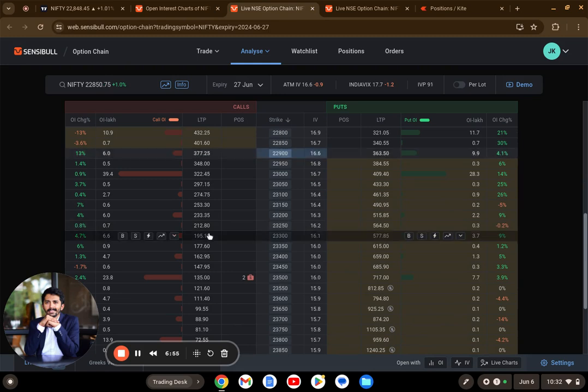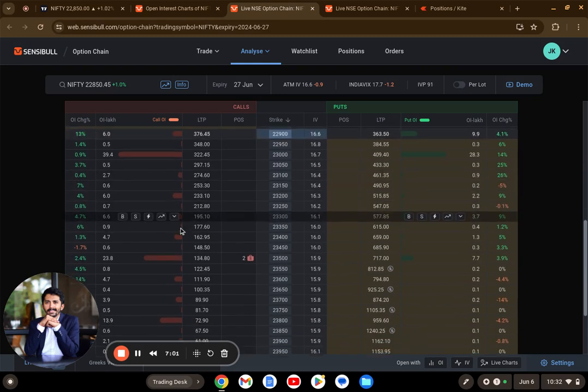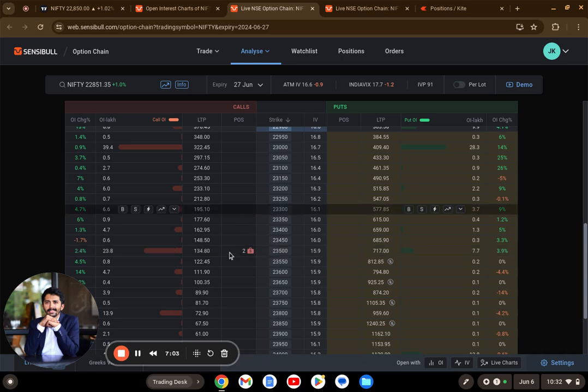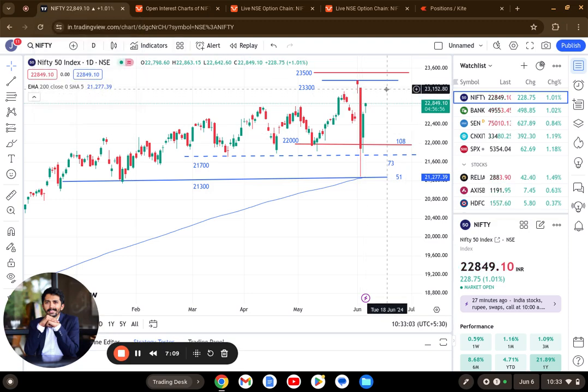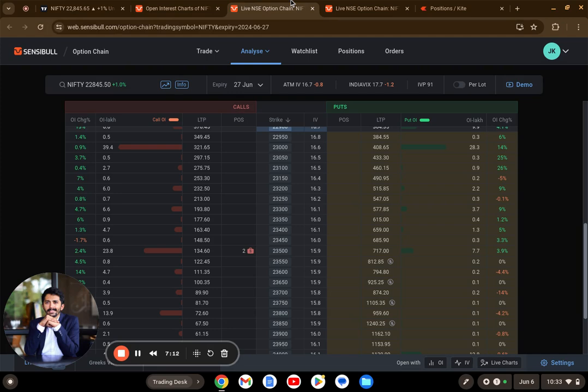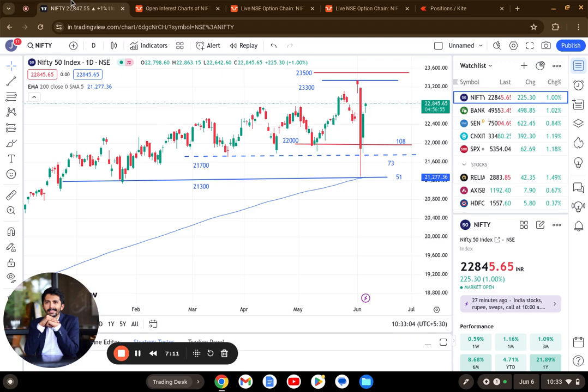Since that is on the top, we'll be selling call options. So 23,300 is at 195 and 23,500 is at 135. So these are the premiums on these levels.